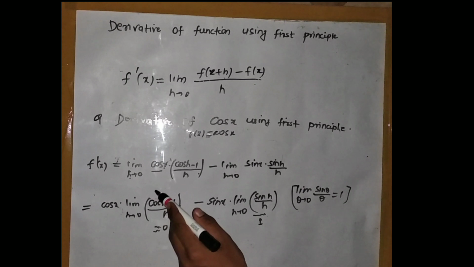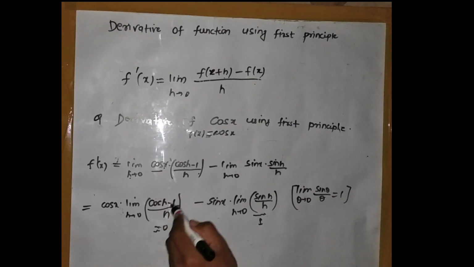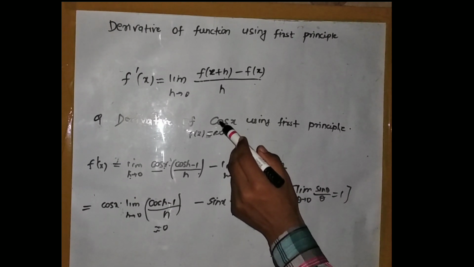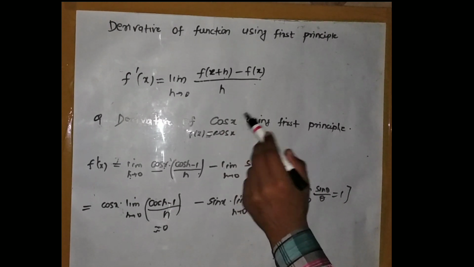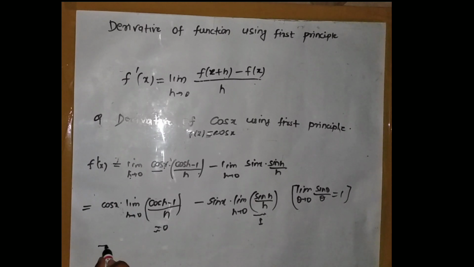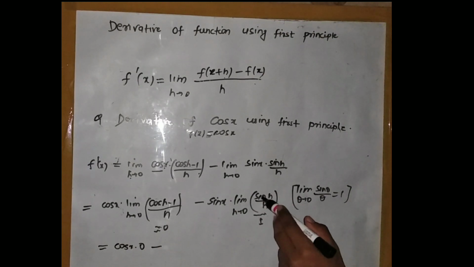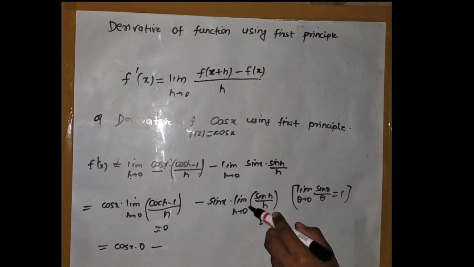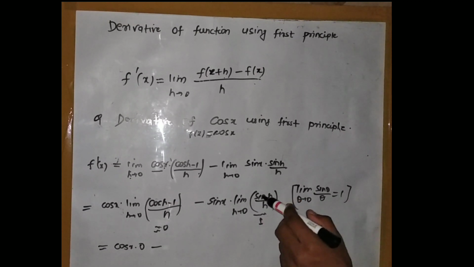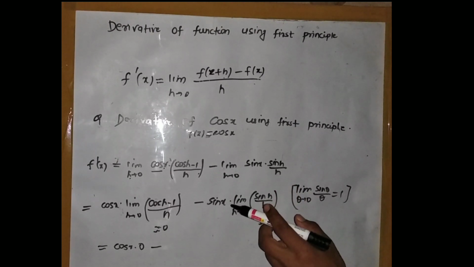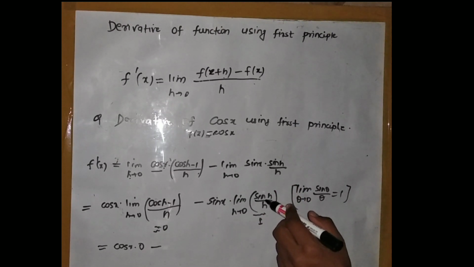If you want to know why the value of this limit is 0, please watch my previous video where I discussed derivative of sin x. So this limit is equal to cos x into 0 minus, and why the value of limit h tends to 0 sin h by h equal to 1, this concept I discussed in trigonometric limit. So go to the limit chapter and watch trigonometric limit.